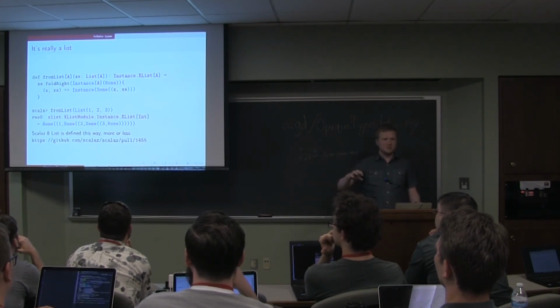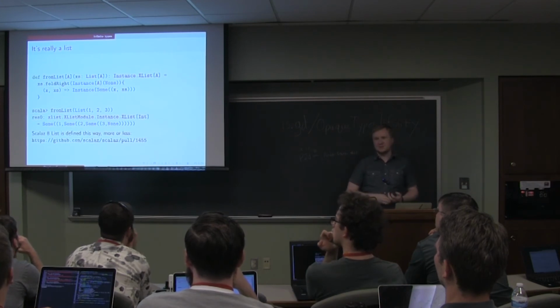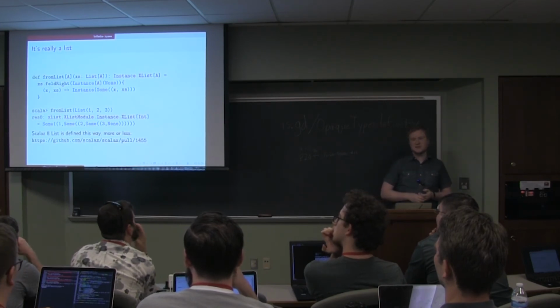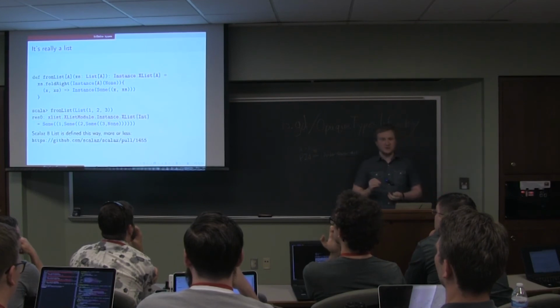So here's some of tuple being your cons case, and none being your nil case, compared to the original singly linked list. And Scalaz 8's singly linked list is defined this way. Not precisely, done a little bit more efficiently to avoid having any extra overhead versus standard list. You can go check it out on that pull request right there.